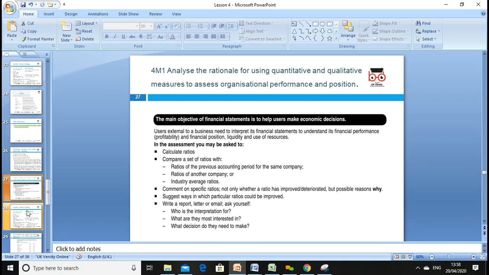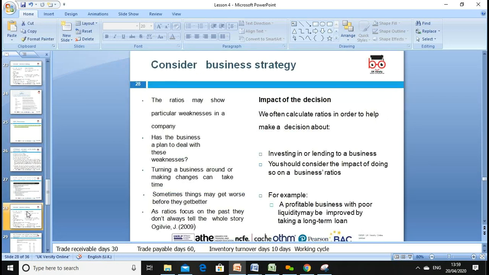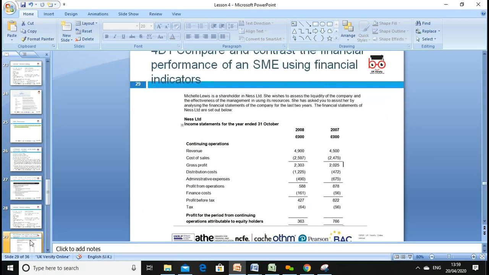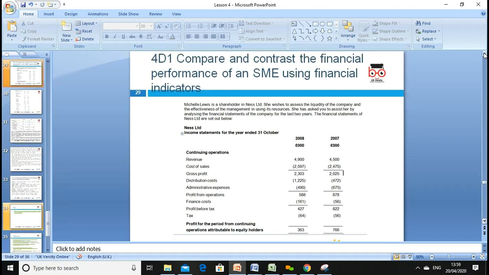All this we can do through interpretation. Of course, we need to look around the strategies, and then further compare and contrast the financial performance.